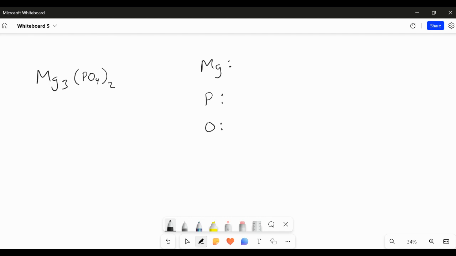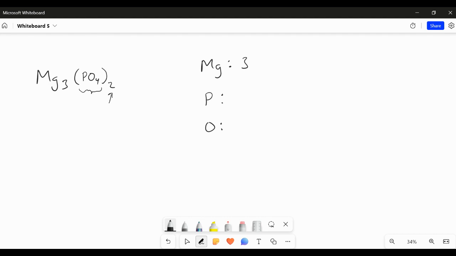Now, let's take care of magnesium first. So magnesium has a subscript of 3. Phosphorus and oxygen are inside the parentheses. So, because we have an additional subscript outside of the parentheses, what this tells us is there are two copies of everything in the parentheses.